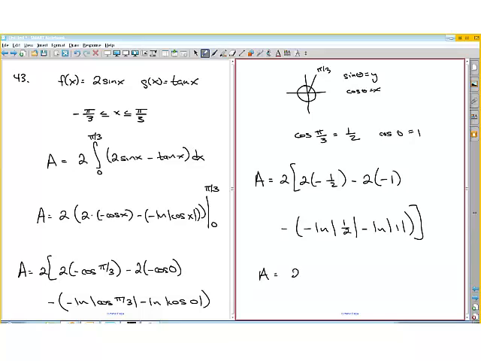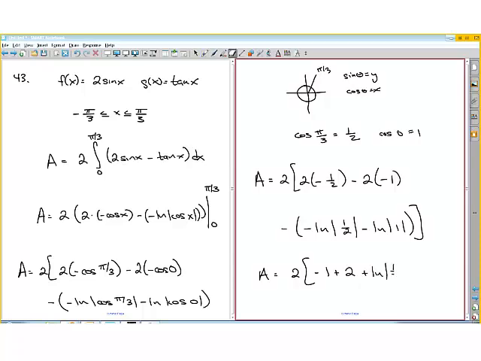So we have 2 times negative 1. 2 times negative 1/2 is negative 1. Then we have negative 2 times negative 1, which is positive 2. This part, we've got a negative times a negative, which is a positive. So that becomes positive the natural log of the absolute value 1/2.